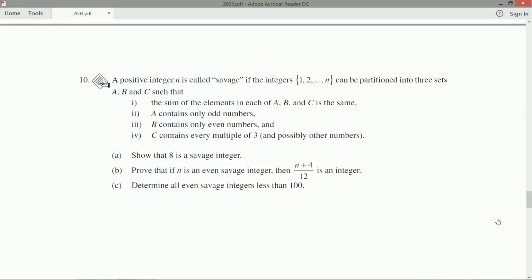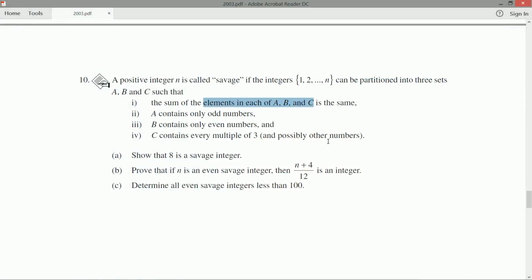A positive integer n is called savage if the integers from 1 up to n can be partitioned into three sets, A, B, and C, that satisfy these four conditions here. The sum of the elements in each of A, B, and C is the same.